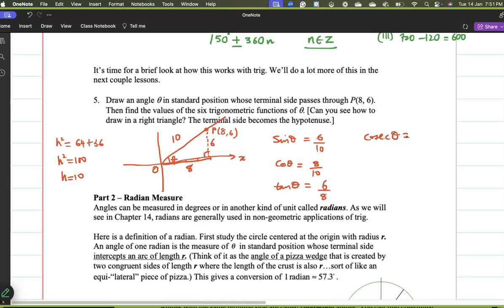It's the reciprocal, so 10 over 6. Sec is 10 over 8. Cot is 8 over 6.